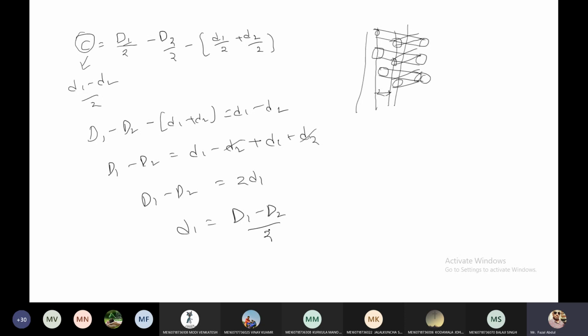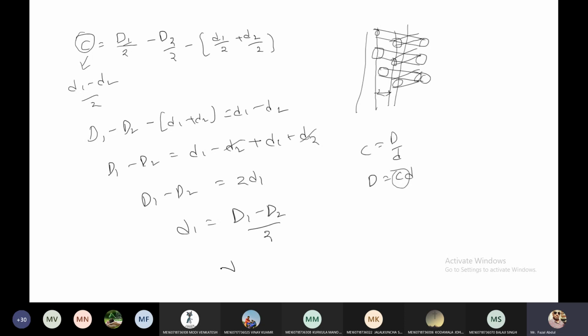Now from the spring index, C equals capital D by small d. So from this relation, capital D equals C into d. This is not the clearance, this is the spring index. Capital C is the spring index, small c is the radial clearance. Remember this point.